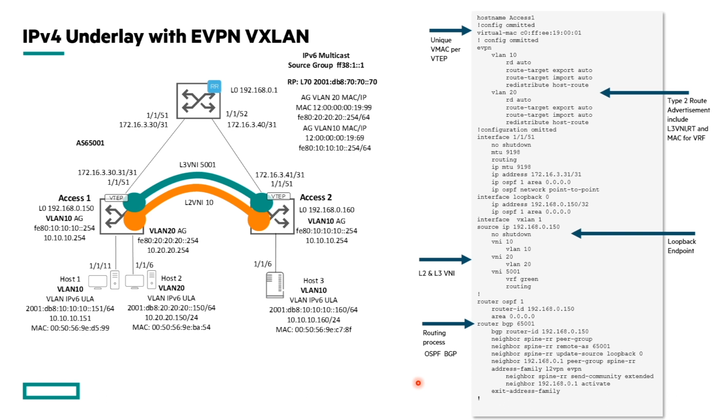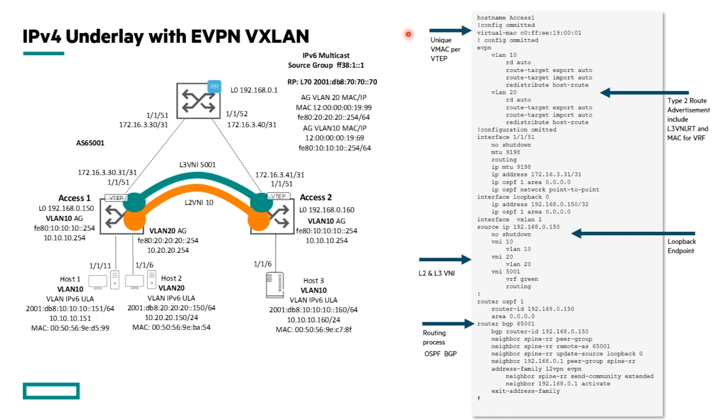In terms of the IPv4 underlay, there's nothing really different for those of you who are experienced with having an IPv4 EVPN underlay in Aruba CX switches. And there's really no multicast going on here, but let's pick out some key points.